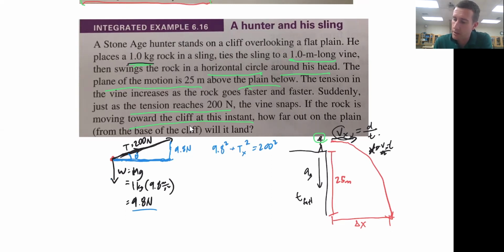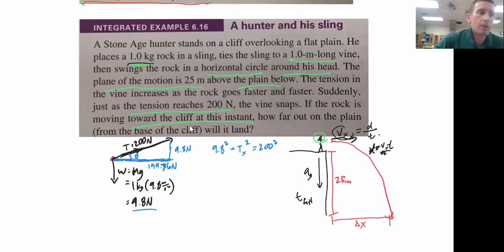So 200 squared minus 9.8 squared, and then take the square root of that, gives me 199.76 newtons horizontally. All right, so now I've got the horizontal component.